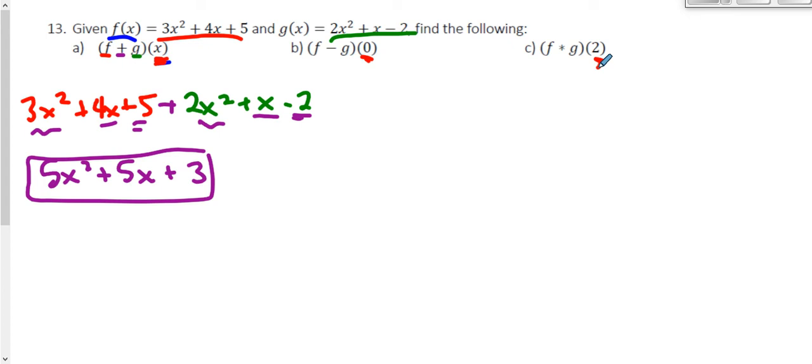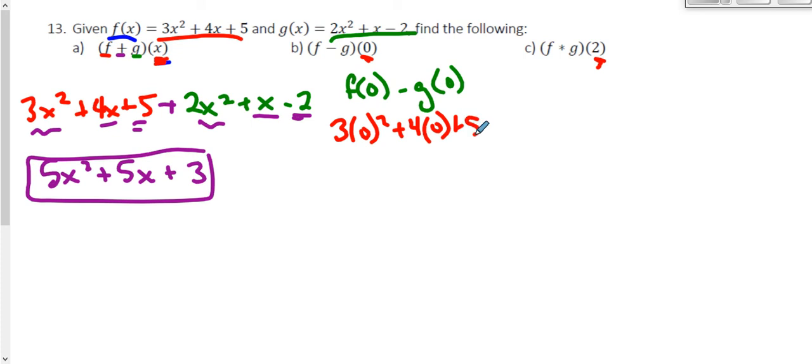So I'm going to do f of 0 minus g of 0 to find out what I get. I'm going to plug in 0 for both. If I do f of 0, I get 3 times 0 squared plus 4 times 0. Both of these cancel to just 0. Plus the number 5 at the end. So f of 0 is 5.